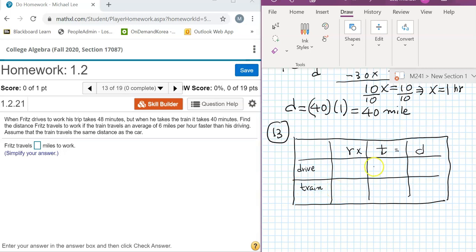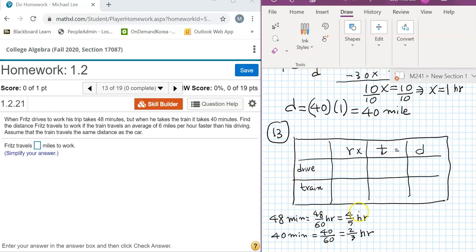Now, by the way, 48 minutes is 48 over 60 hour, meaning 4 over 5 hour. And then 40 minutes is 40 over 60, which is 2/3 hour, because you're supposed to use hour in this case, okay?